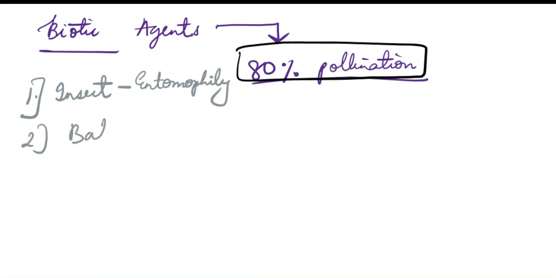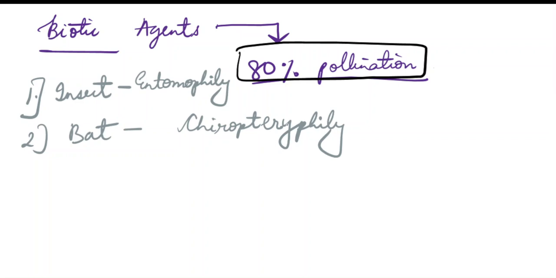Second, if the pollination is done by bats, we call it chiropterophily. It's done by the bats. And the last one, which is done by birds, is known as ornithophily.